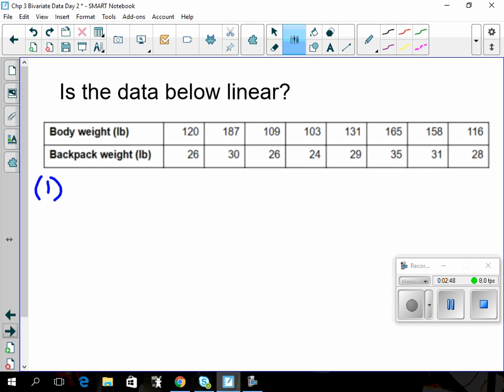Okay, we can talk about how we would graph it. So maybe we should create a scatter plot. Okay, that's a good idea. And in a scatter plot, what are we looking for? You're scaring me. I'm not trying to trick you on the question, I promise. What kind of a shape are we looking for?